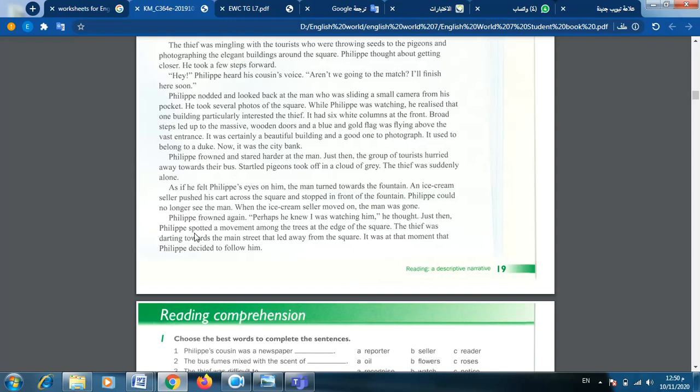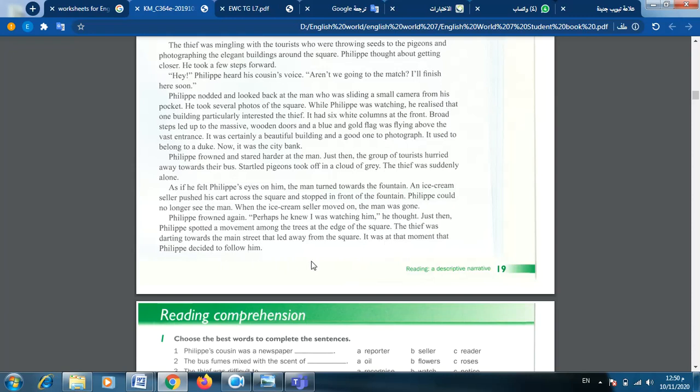Just then, Felipe spotted a movement among the trees at the edge of the square. The thief was darting towards the main street that led away from the square. It was at that moment that Felipe decided to follow him.